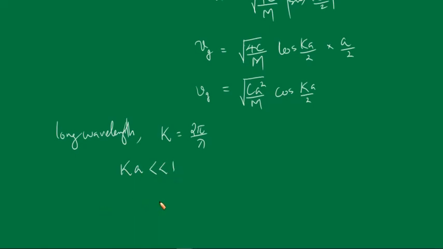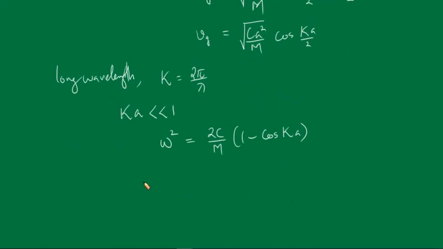So in this case, the equation for omega square we have seen in the last class is omega square is equal to 2c by m into 1 minus cos ka. Cos x is equal to 1 minus x square by 2 factorial plus x raised to 4 by 4 factorial, etc. So cos ka is 1 minus k square a square by 2 factorial. When k is very small, we can neglect the higher order terms.